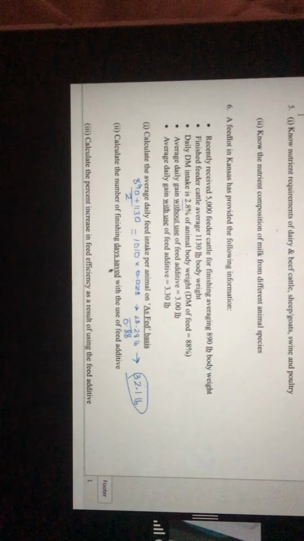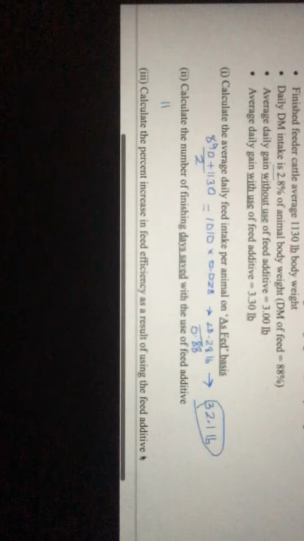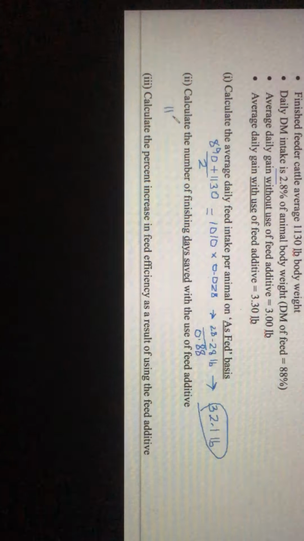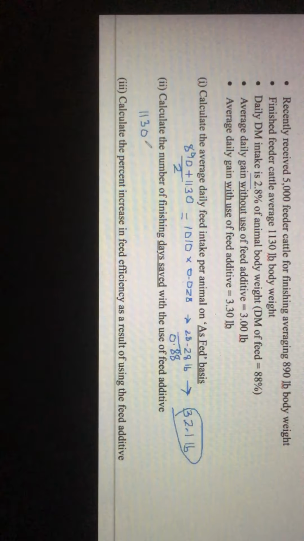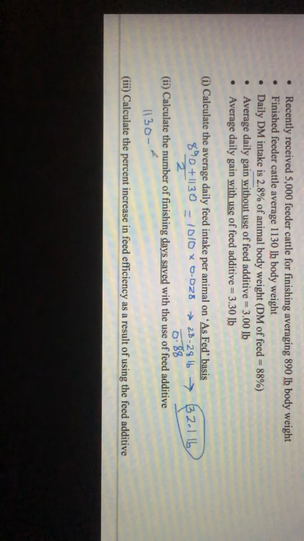Part two: calculate the number of finishing days saved with the use of feed additive. Again, we come here. 1130 pounds is the target, minus 80-90.